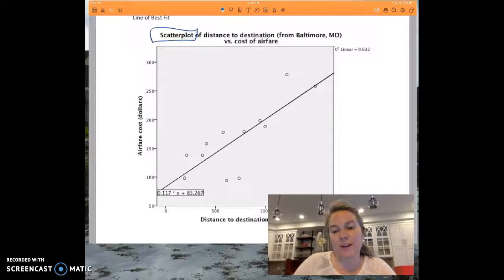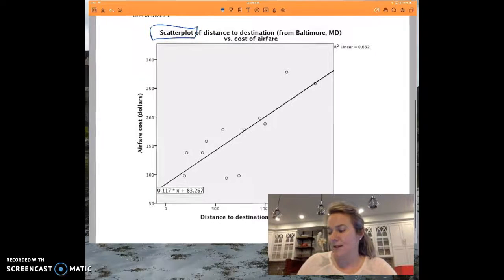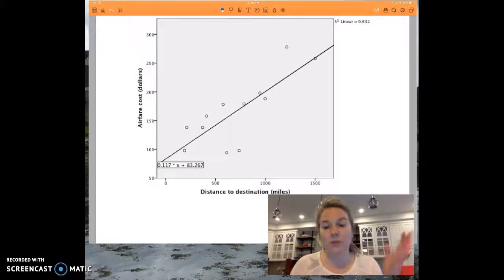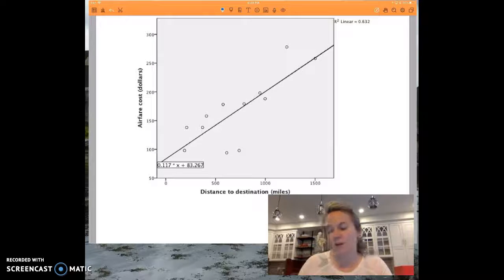So let's look here and see if we can figure out which one is independent and which one is dependent. When you look at this, you say, okay, what is going to cause this relationship? Is the cost going to determine how far you go, or is it how far you go that determines the cost? I think we'd all agree that it's how far you go that determines the cost.